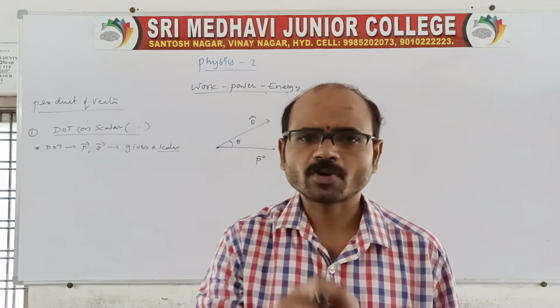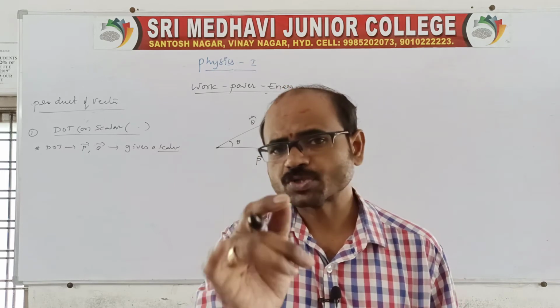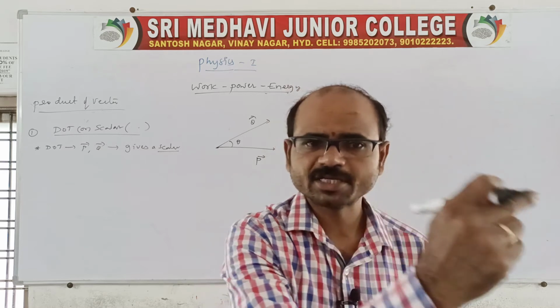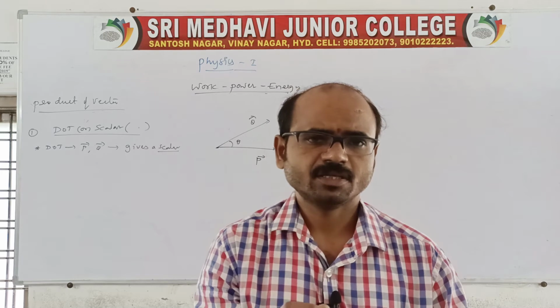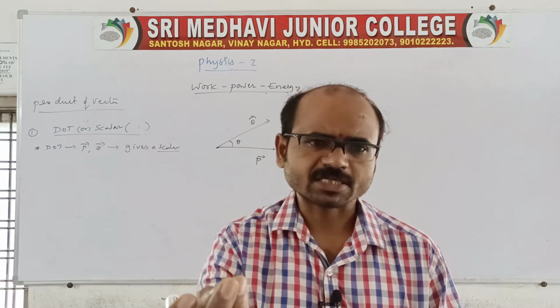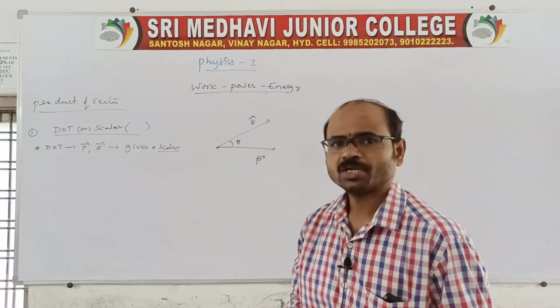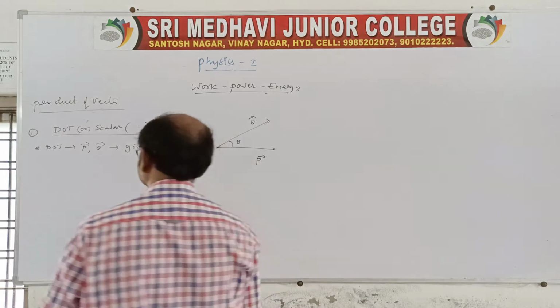If you take the dot product of these two, the result is a scalar. Suppose force is a vector and velocity is a vector. If you take their dot product, that also gives a scalar. Like that, if you multiply any two vectors by dot multiplication, the resultant will be a scalar. That is the conclusion here.